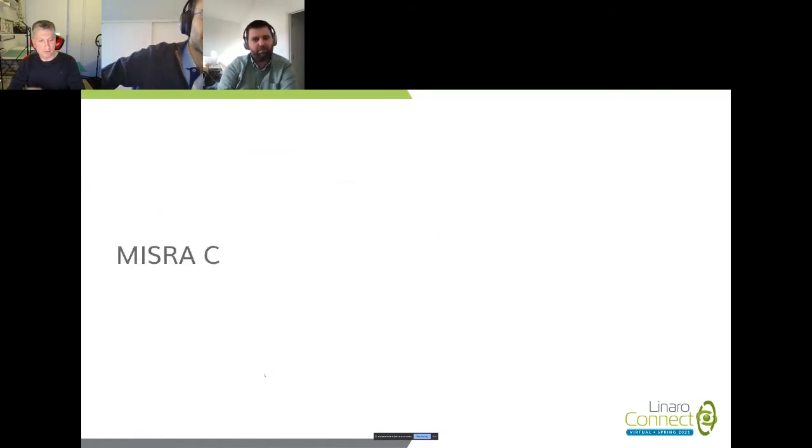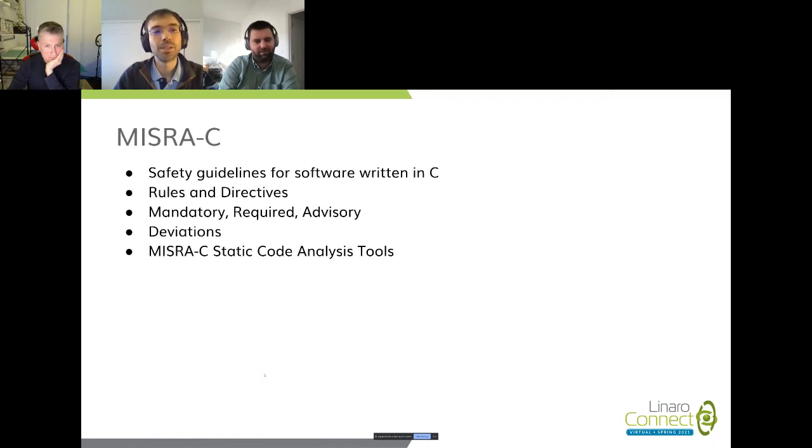Yeah, and MISRA-C. MISRA-C is a set of guidelines to write safe software in the C language. It's divided into rules and directives. Rules are things that can be checked just looking at the source code, while directives are a bit more up to interpretation, and they also involve analysis of documentation and the whole process.